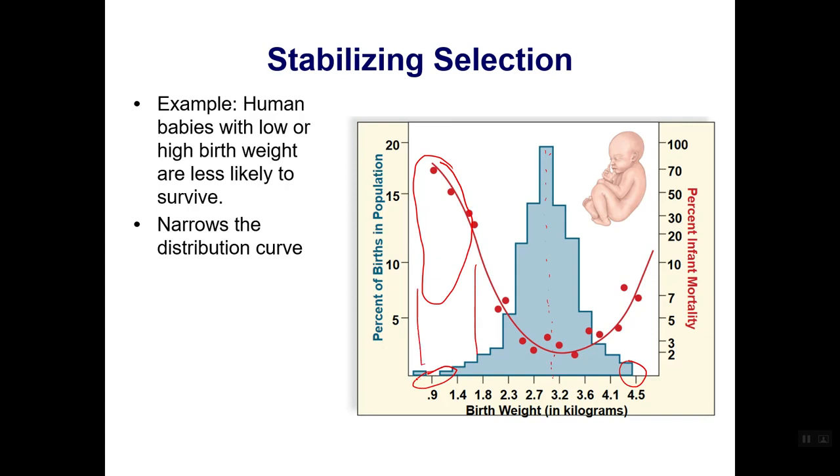Let's say 0.7 kilograms to 1.7 kilograms. All right, so relatively high death rates. As the babies get smaller and smaller, we see really high infant mortality.